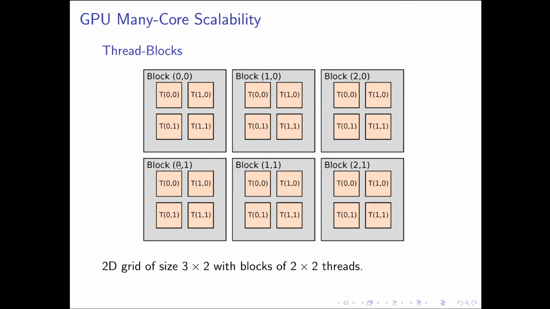And then inside each block, we would again have thread indices, and those thread indices would also be 2D. Like, we would have those T00, T10, indicating in which row and in which column we currently are.